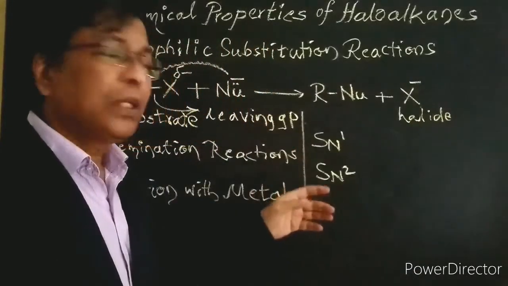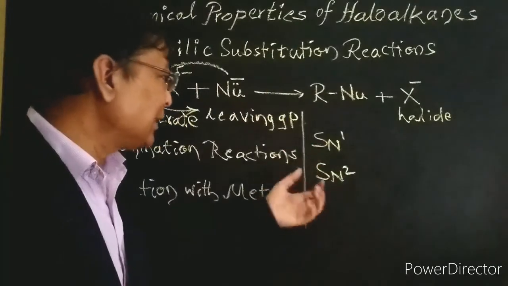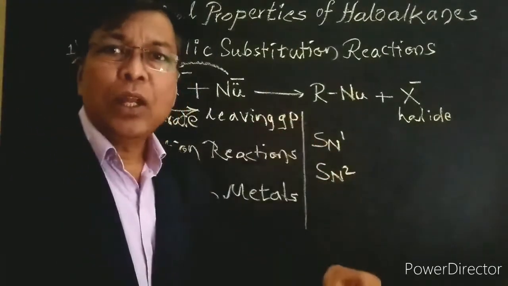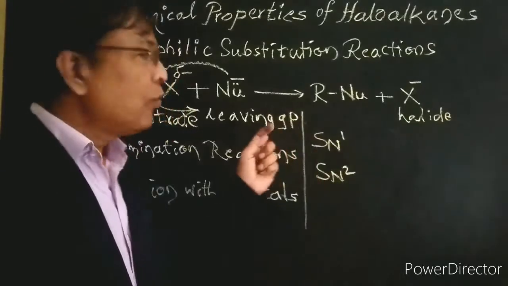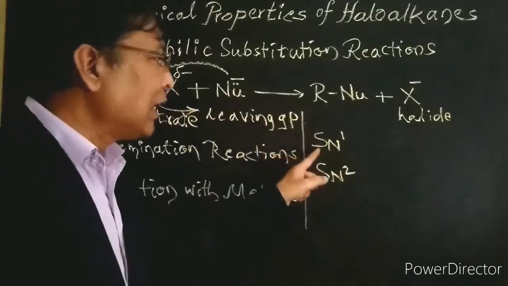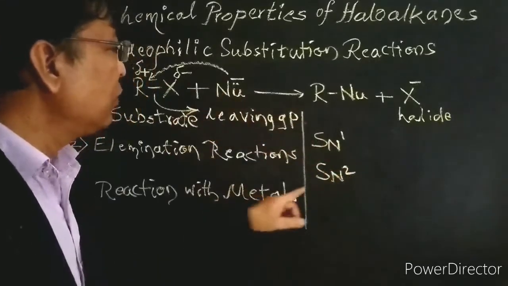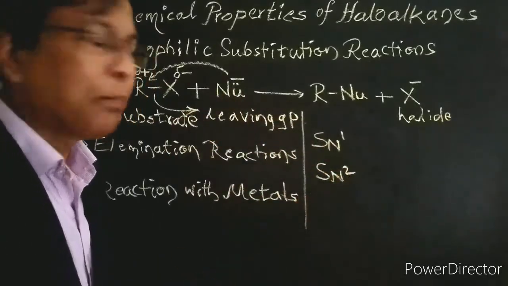We are going to study Sn1 and Sn2 reactions in detail later. But I will tell you right now when the nucleophile will follow the Sn1 path and when the Sn2 path.